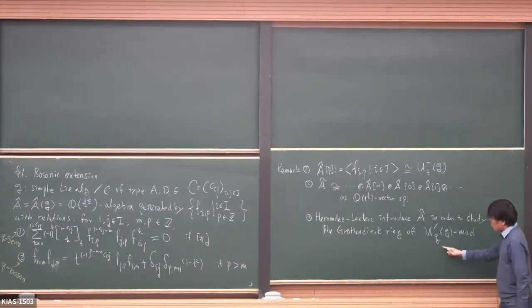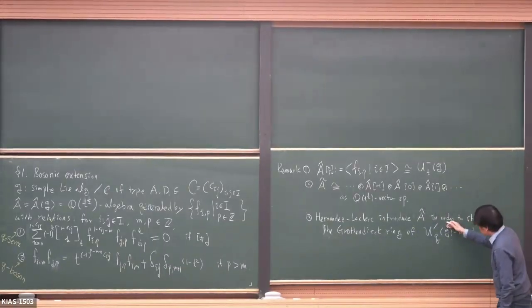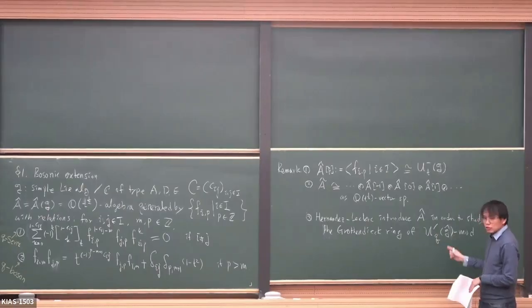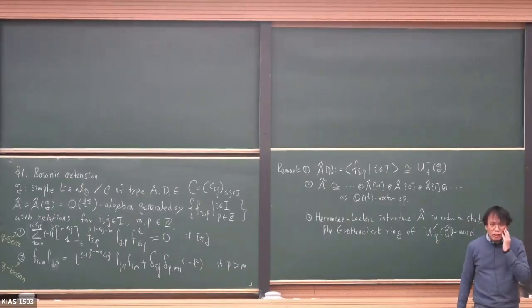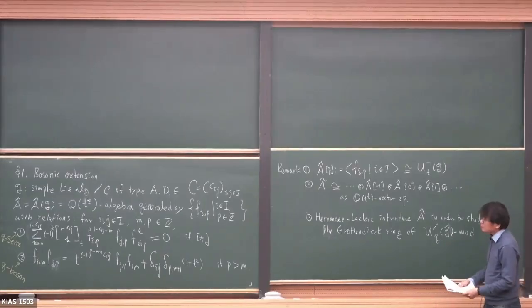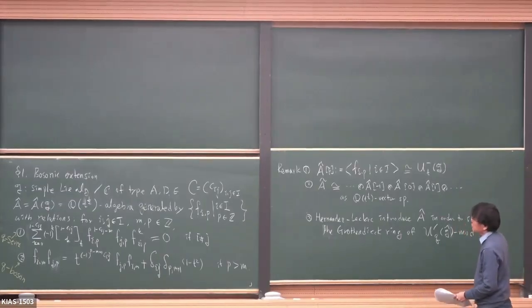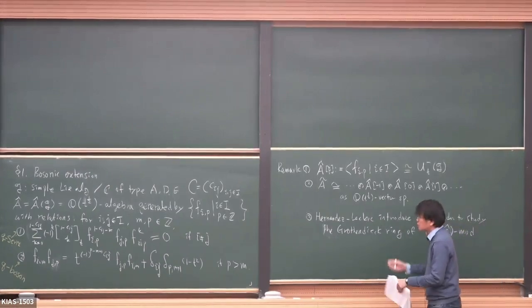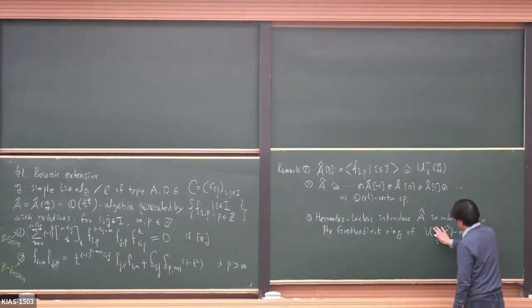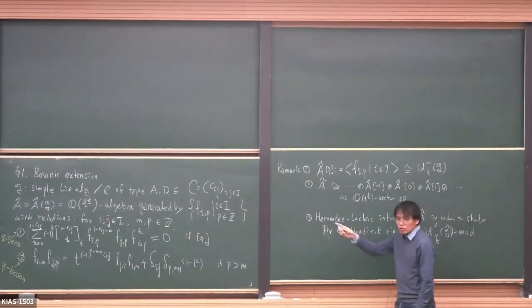U_q prime G is the quantum affine algebra, and we take the quantum affine algebra module category. So Hernandez and Leclerc introduced this new algebra structure to study the Grothendieck ring of the finite dimensional modules of a quantum affine algebra. Prime is just my notation for quantum affine algebra.